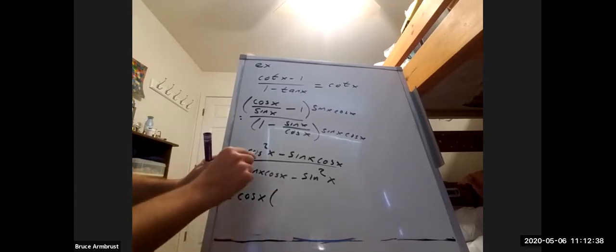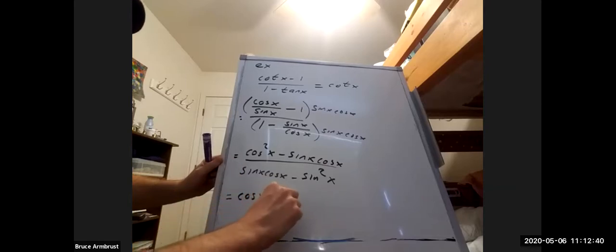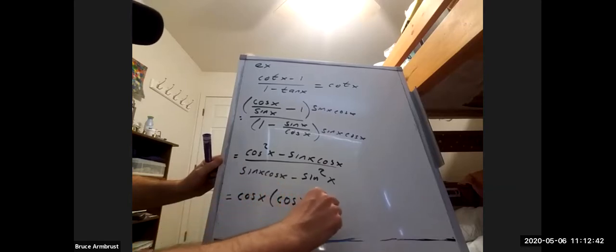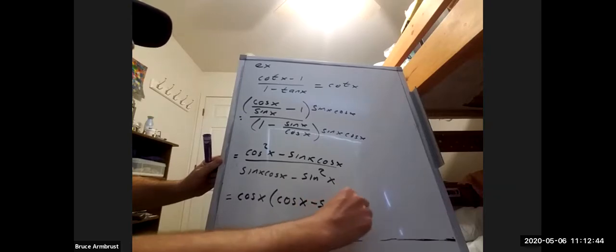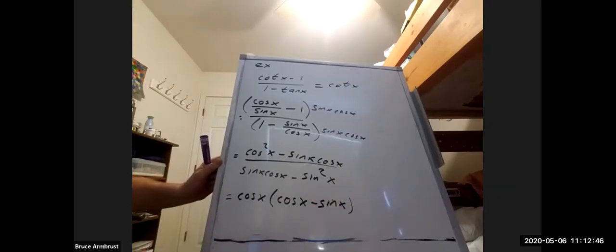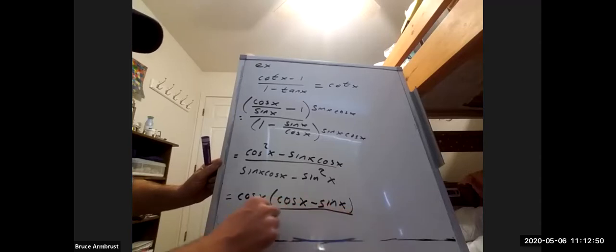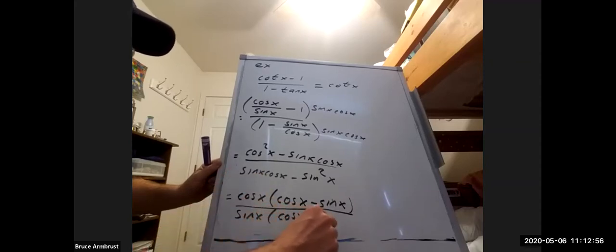So on top, when I pull out a cosine, I'm going to be left with a cosine minus a sine. And then on the bottom, when I factor out the sine, I'm going to be left with a cosine minus sine.